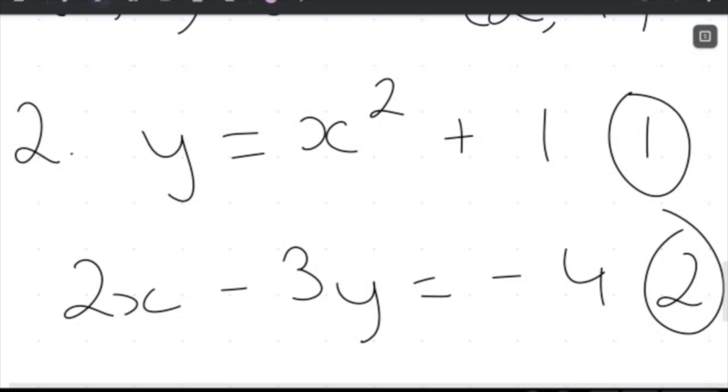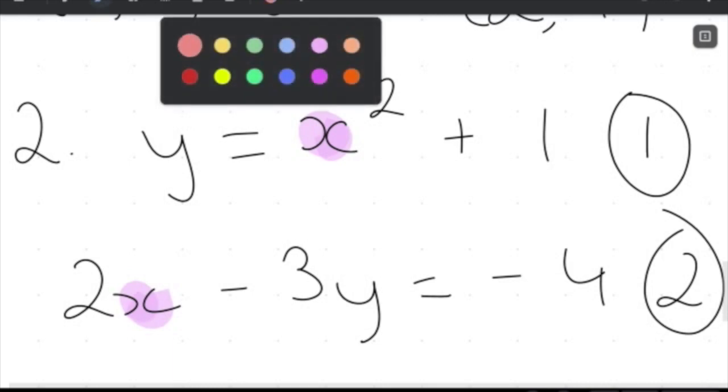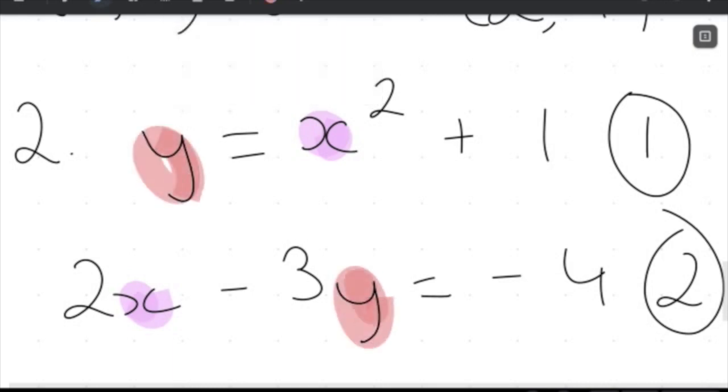Now, remembering we said before that at these points of intersection, our x's are going to be equal and our y's are going to be equal as well. Now, because there's an x squared here, that's going to be a little annoying to make x the subject.